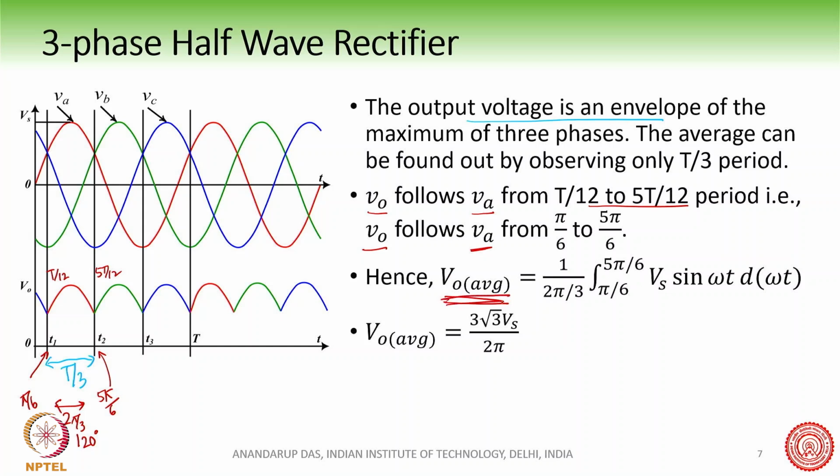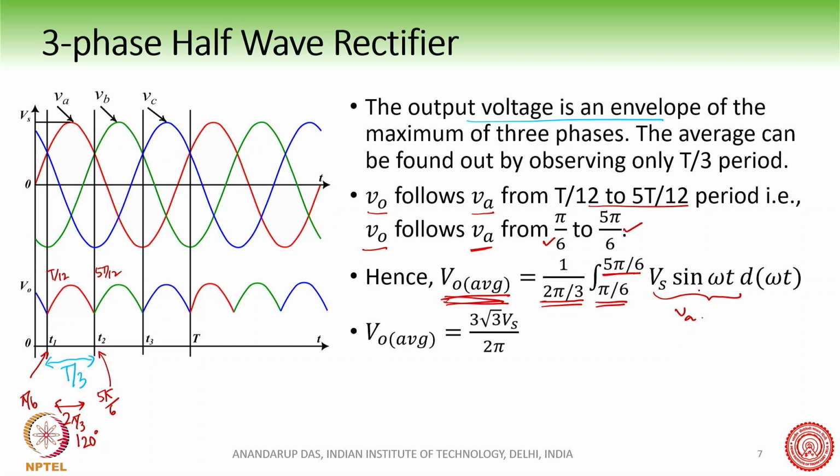Because it is getting repeated, we will write down the equation of VA and integrate from pi by 6 to 5 pi by 6, because V0 follows VA from pi by 6 to 5 pi by 6. This is Vs sine omega t, that is the equation of VA, and the time period here is 2 pi by 3, so the division will be by 2 pi by 3.